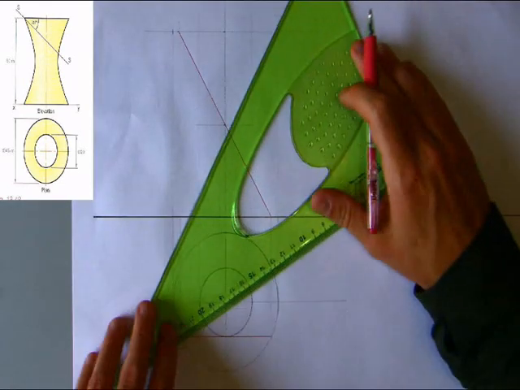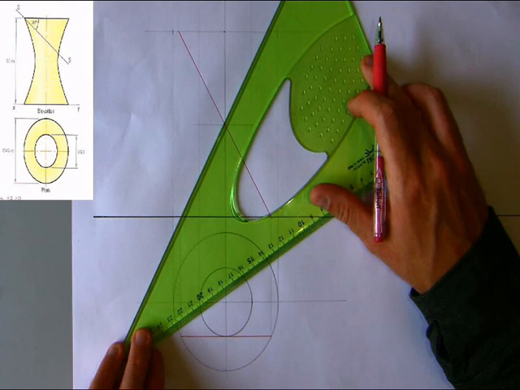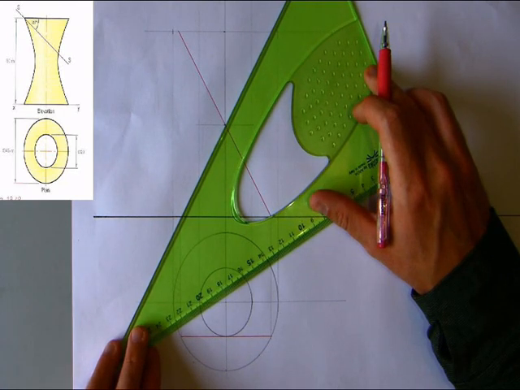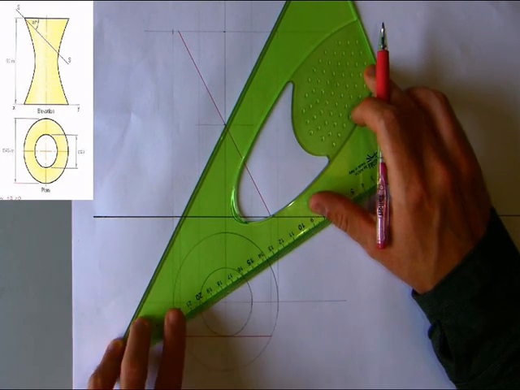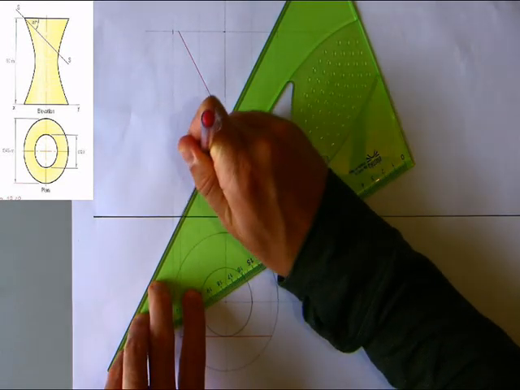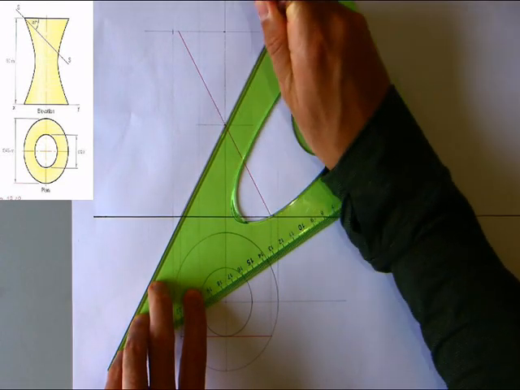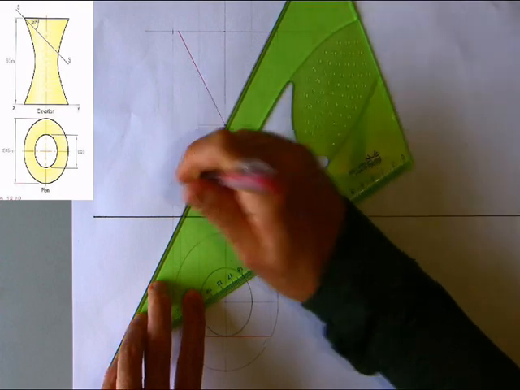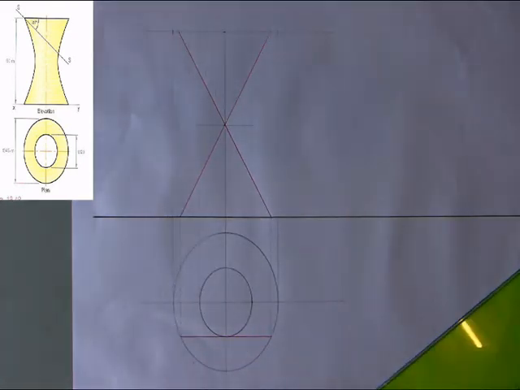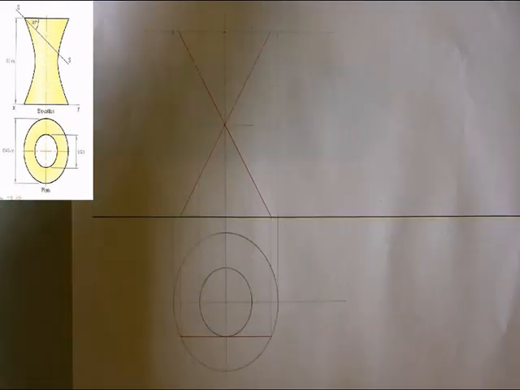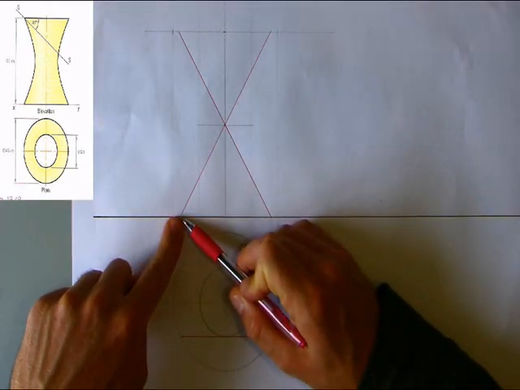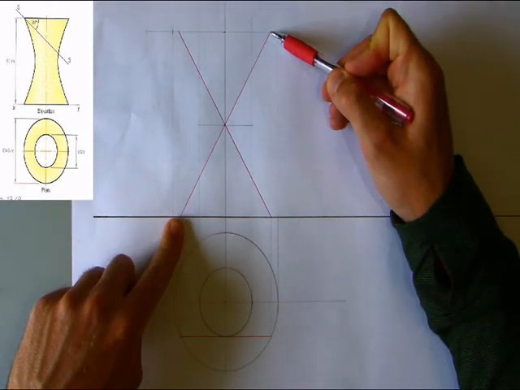So there's one element that's part of our asymptote. And our other line here from the base circle through the central point up to the top circle is the other asymptote. Okay, so that's an element or a line that stretches from the base to the top circle.